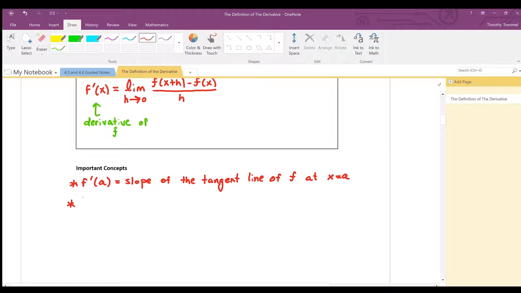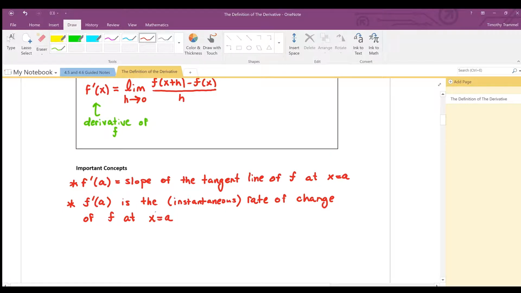And the other one is that f prime of a is the instantaneous, and sometimes we'll leave off this word instantaneous, rate of change of f at x equals a.